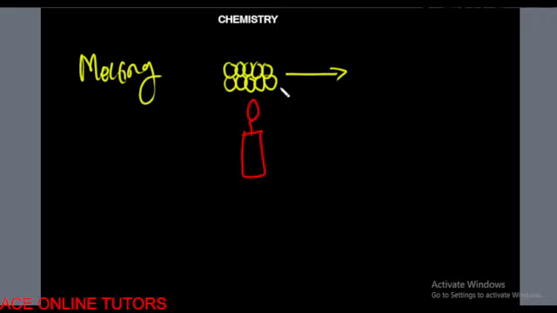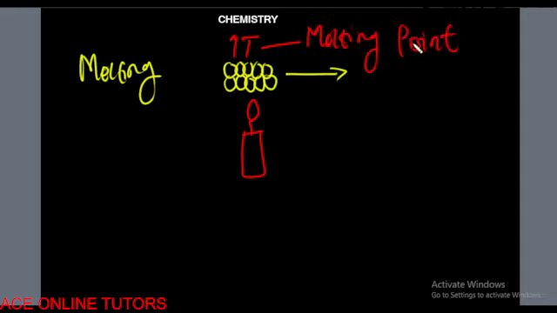When you start heating them, the temperature will start rising to a point where these molecules will be able to break the cohesive force and be free to move about and become molecules of liquid. The temperature at that point is what you call the melting point.